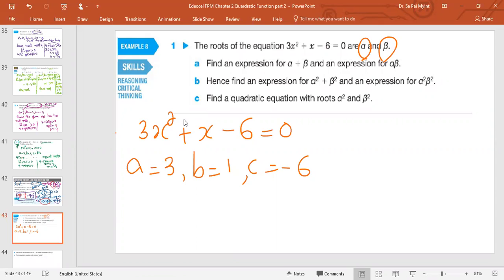What is the question? 1a: find an expression for alpha plus beta and an expression for alpha beta. You need to remember by heart: alpha plus beta is negative b over a. Here negative, b is 1, a is 3. Negative 1 over 3.